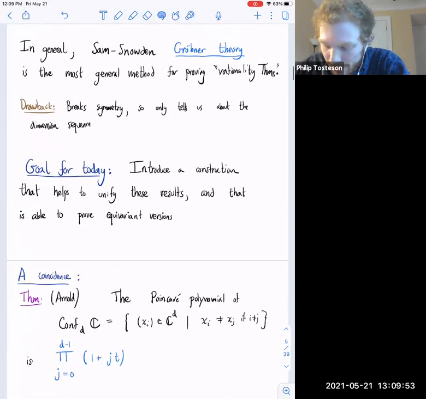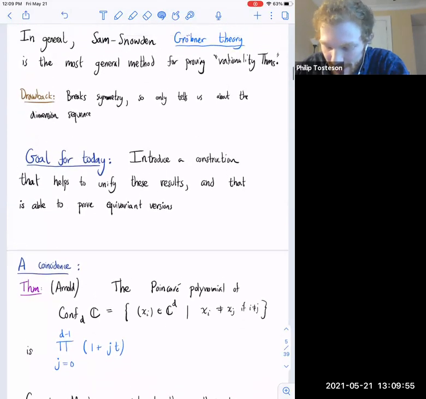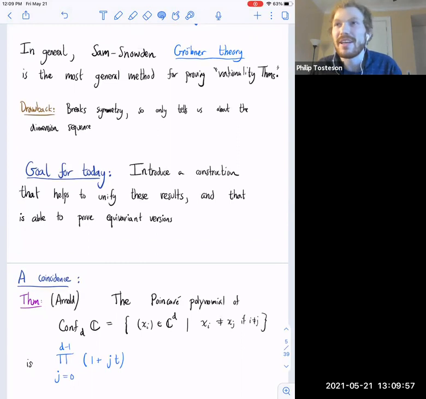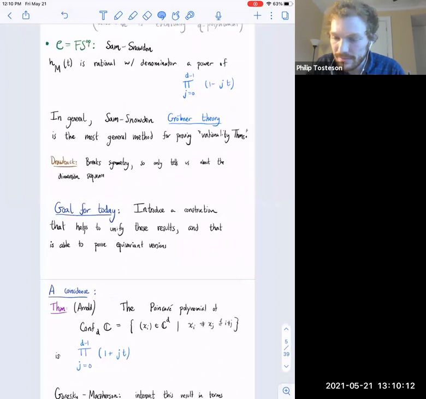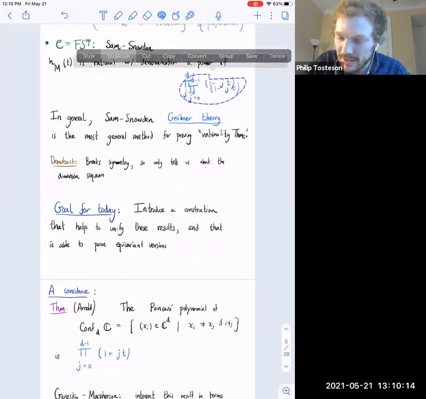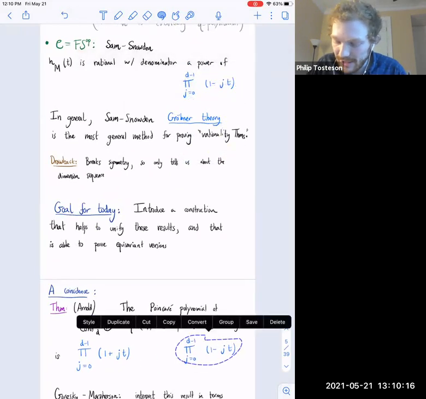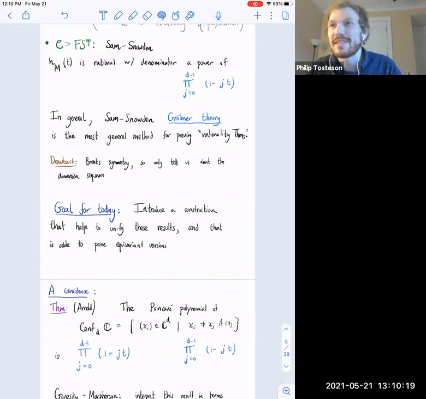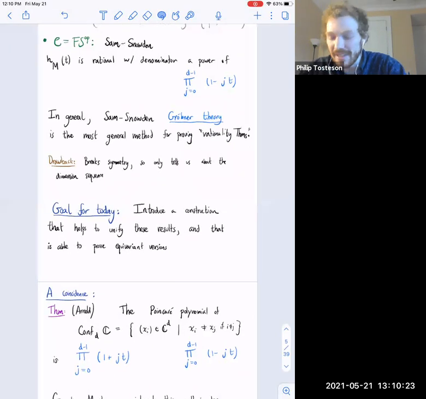Okay, and before I move on, I want to mention one other thing, which is because this is a talk about representability, I should probably mention configuration space. The Poincare polynomial of configuration space in the plane was computed by Arnold, and you can see it bears a strange resemblance to this denominator here, and it turns out that that's actually not a coincidence.